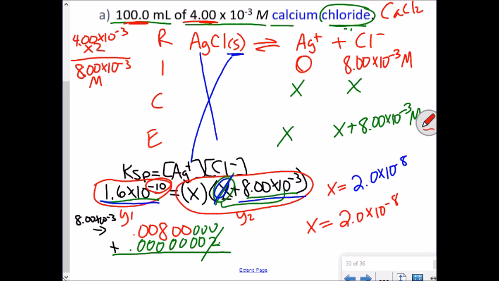You have to be careful when eliminating in acids and bases and Ksp, only if your Ksp values are 10 to the minus 3 or 10 to the minus 4. That's when it starts to actually count for something. But anything 10 to the minus 5 or smaller, you get to eliminate the x every single time. So look at your Ksp value, look at your negative sign there.